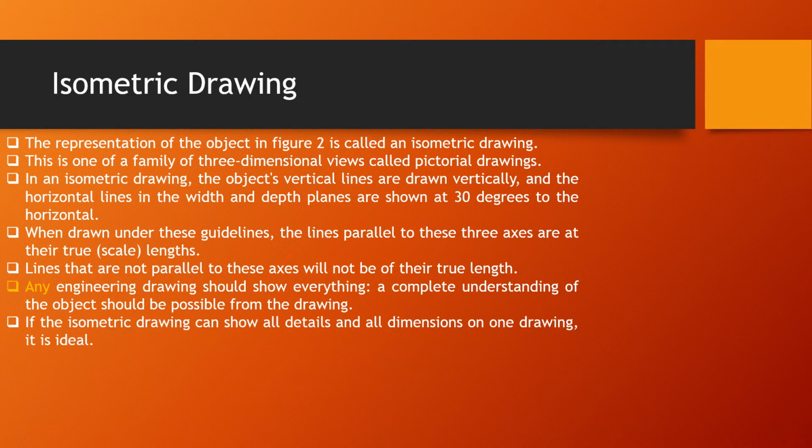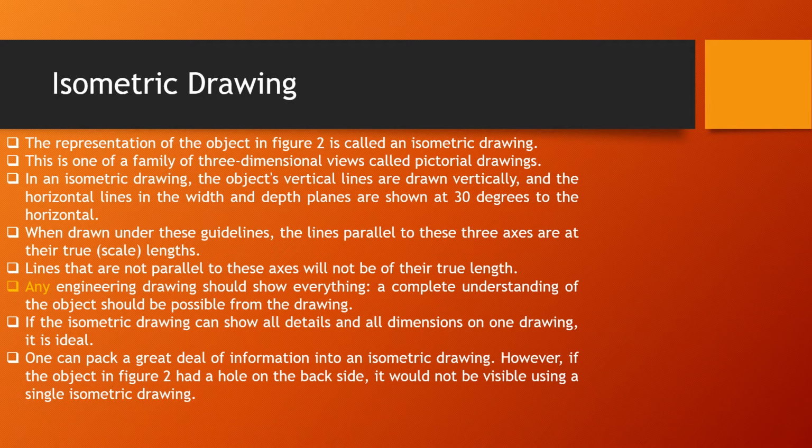Any engineering drawing should show everything. A complete understanding of the object should be possible from the drawing. If the isometric drawing can show all detail and all dimensions on one drawing, it is ideal. One can pack a great deal of information into an isometric drawing.